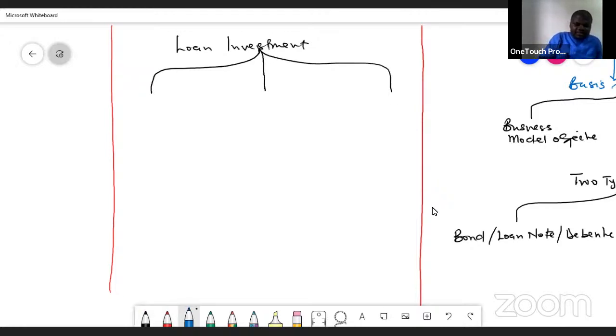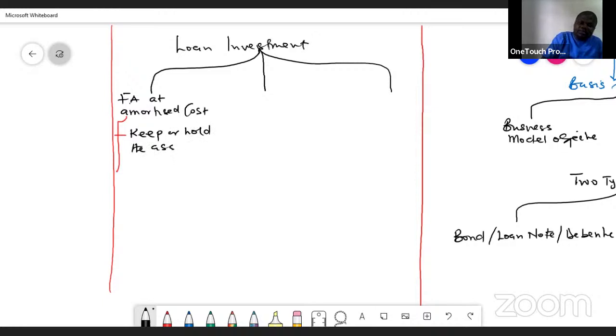If it is a financial asset at amortized cost, then the business model objective is to keep or hold the assets until maturity to receive contractual cash flows.